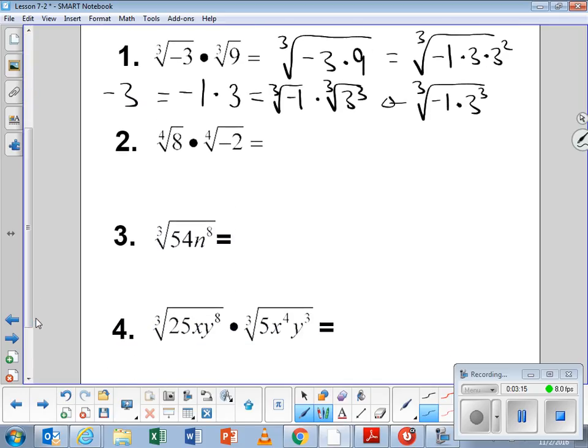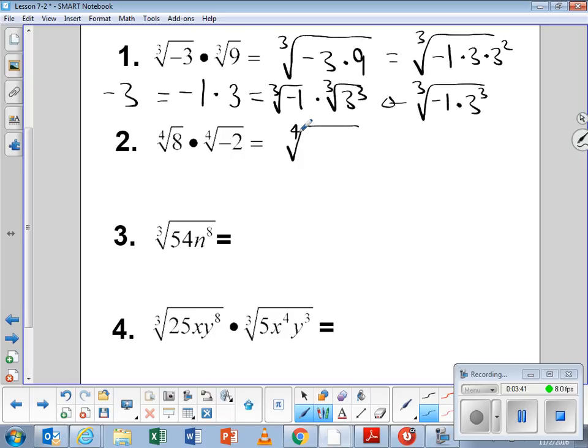So when I look at this one, 8 is really 2 to the what? Two to the fourth power? No, but nice try. It's really 2 times 2 times 2, right? 2 times 2 is 4, times 2 is 8.